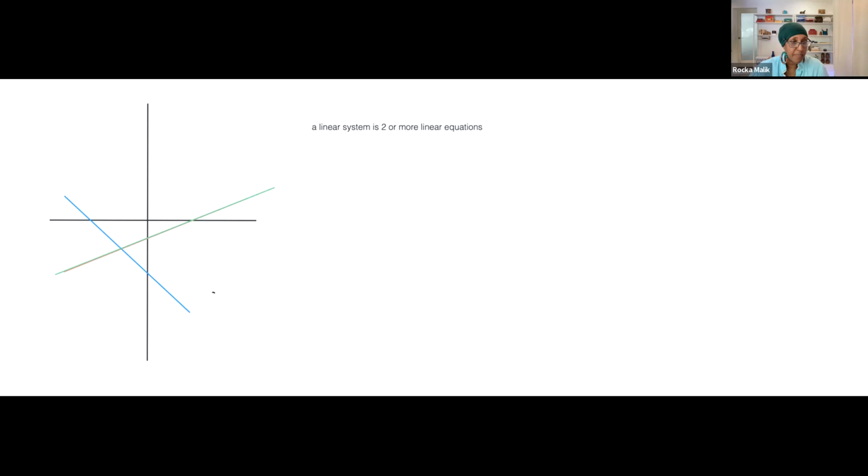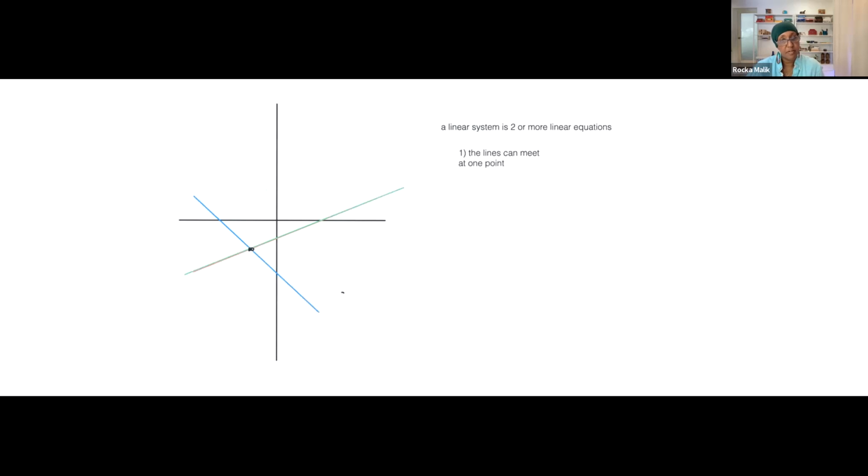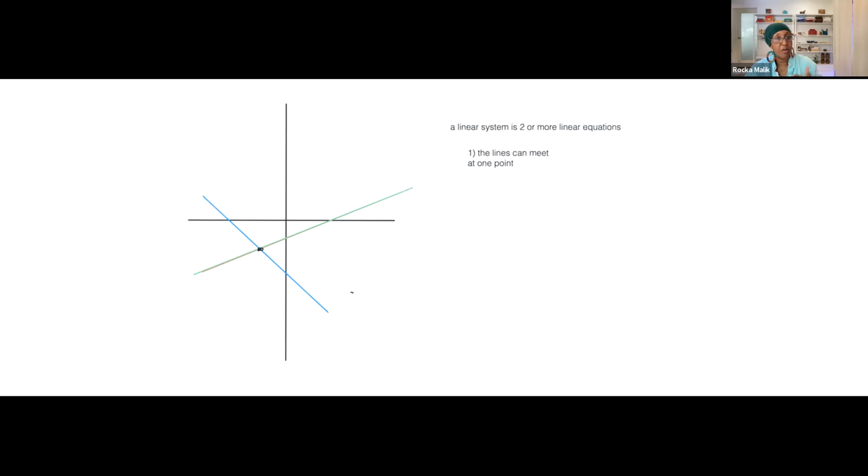So they can meet at one point. This red line and this green line are meeting at all the points.